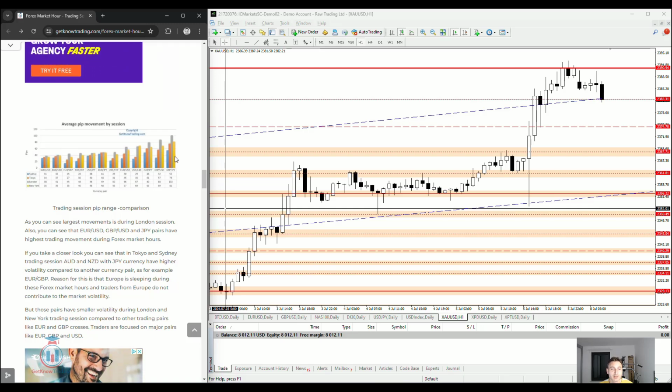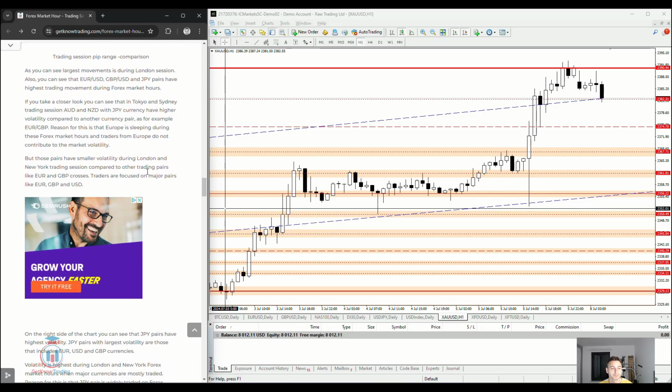But when you get to the GBP and the USD, you can see that the Tokyo and Sydney sessions have less volatility and also a smaller pip range compared to the London and New York sessions, because during the European session and the US session, there are many more traders trading GBP against US dollar than, for example, New Zealand dollar against Australian dollar.